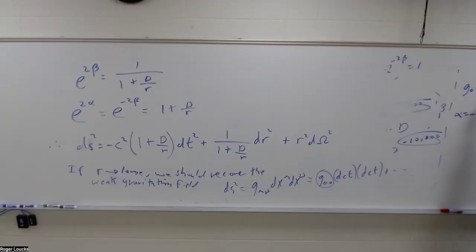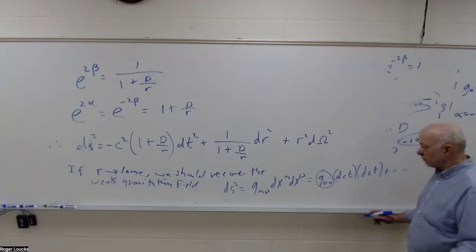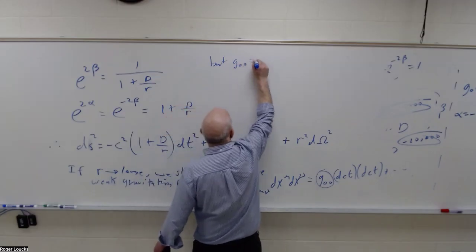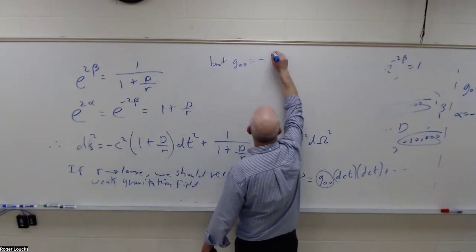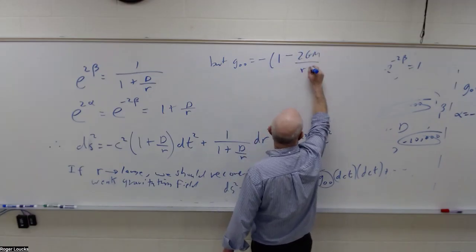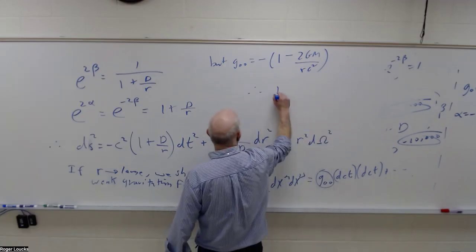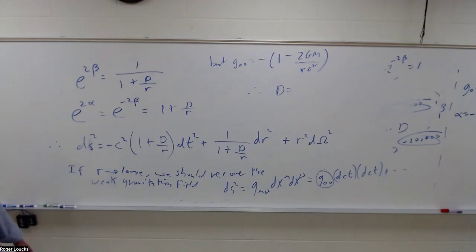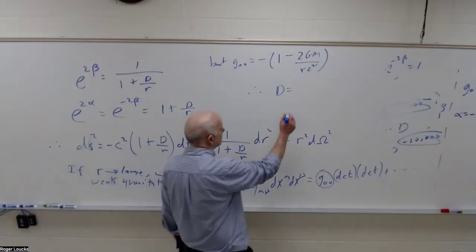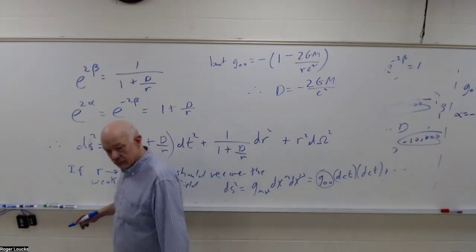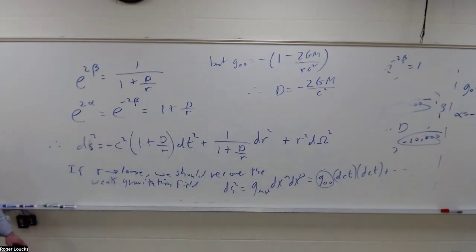It's this guy over here. Okay, therefore, what does G have to equal then? Minus 2GM. That makes sense.